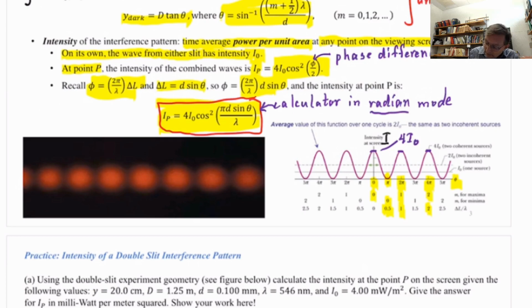The next dark fringe right here, again, has an intensity of 0, corresponds to a phase difference phi of 3 pi radians. The m is 1 for the minima, and the path length difference is 1.5 wavelengths, and so forth. Okay? So the intensity smoothly varies from maxima intensity, 4 I0, to minimum, 0, and back and forth.